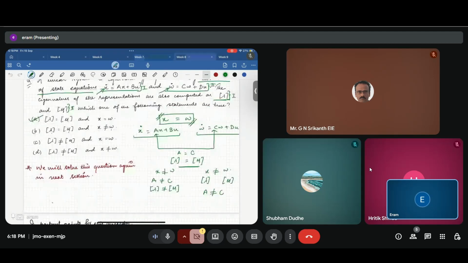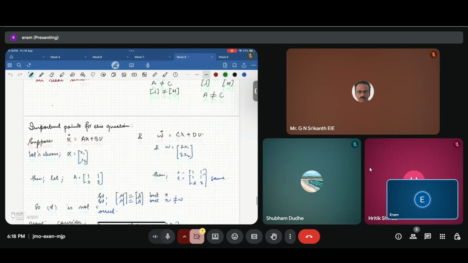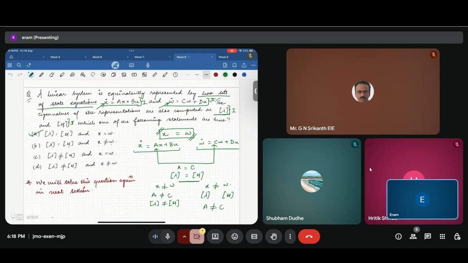Okay, another question that we solved was related to the state space model, where we have a system and we are representing that system using the state realization given by x dot equals to ax plus bu, and some other person picks another set of states and represents the same system using this state space model w dot equals to cw plus du.